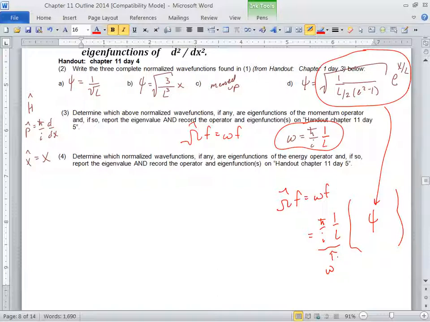What was your question? Number 3, energy operator. Oh, okay, energy operator. So we did the momentum. Where do you see energy operator? On the 4th question. Oh, number 4, not number 3, number 4. That's number 3 on my book. Huh, okay. Oh, yeah. So then, would any of them work?